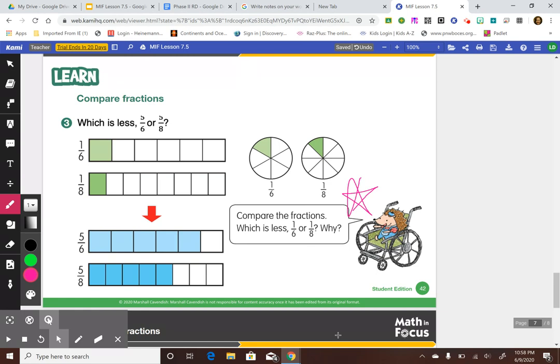5/6 is greater than 5/8, even though 6 is less than 8, because a whole divided into 6 equal parts, those parts are bigger than 8 equal parts. That's why.